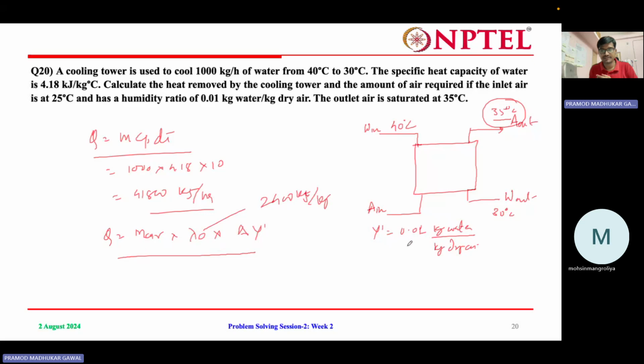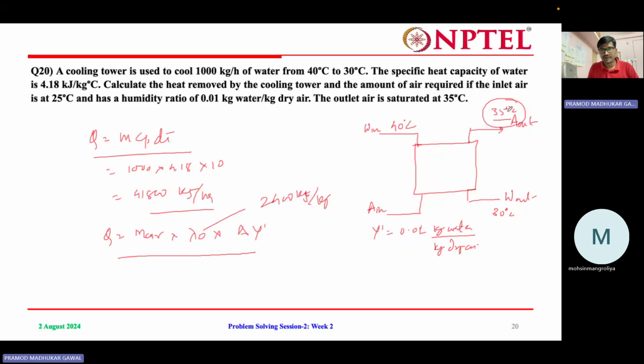Here only the initial humidity 0.01 is given, but we don't know the humidity after the saturation, right? So here we have to use the psychrometric chart.